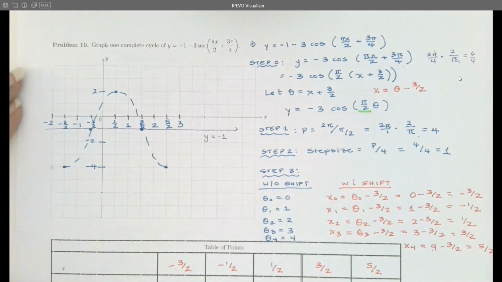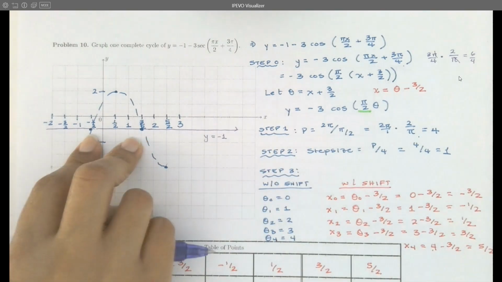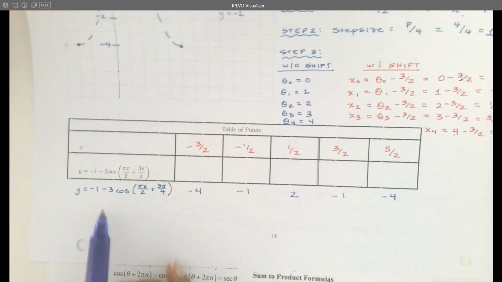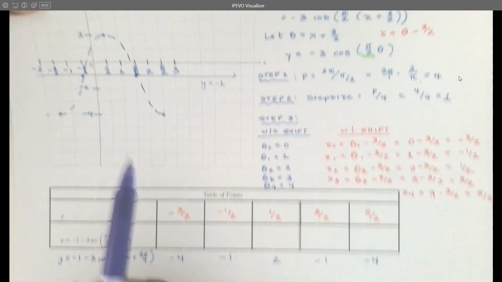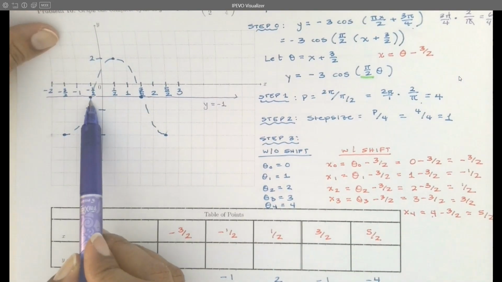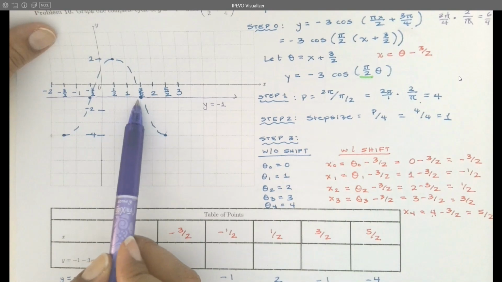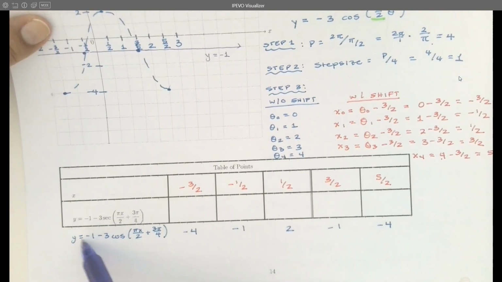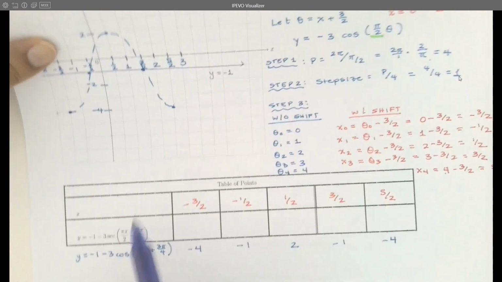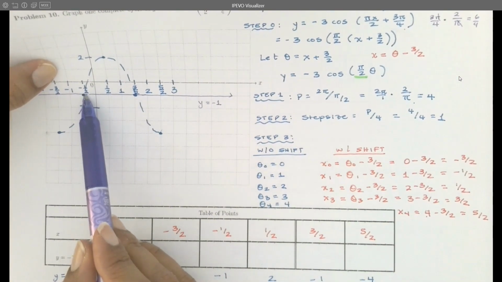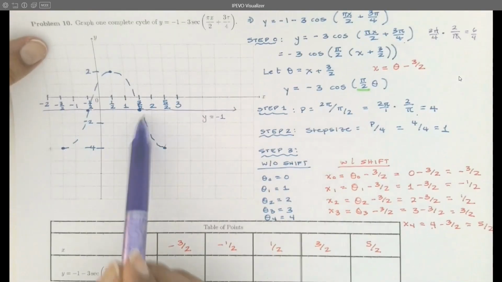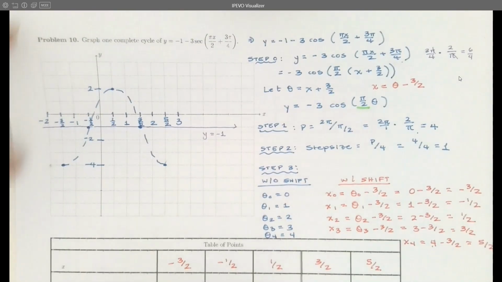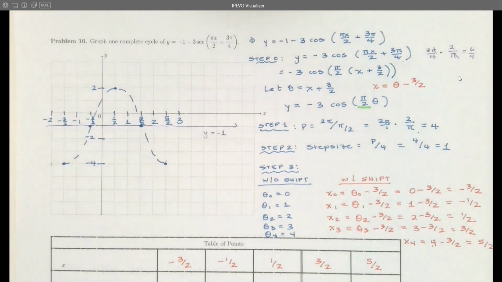And that means that what still makes cosine 0 in the case of this equation is going to be x equals negative 1/2 and x equals 3/2. But because we have this negative 1 that is added to the trigonometric term, that 0 gets shifted down. But in any case, we are still going to have asymptotes along those usual zeros of the cosine graph.